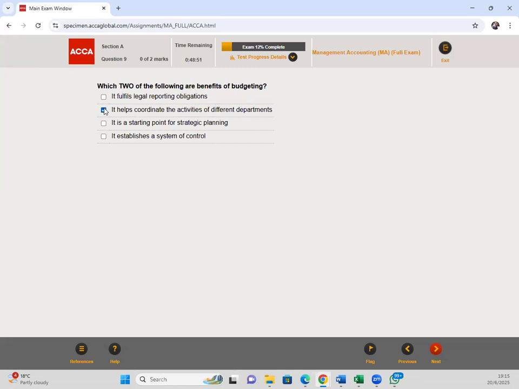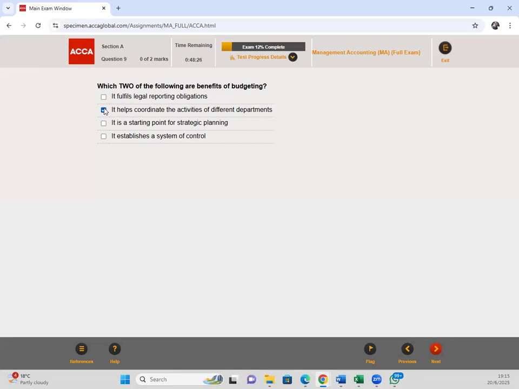It is a starting point for strategic planning. That's a lie. Strategic managers don't base on budgets, but the tactical managers, yes, they can work on budgets. Strategic managers do use budgets, but it is not their starting point for decision making.